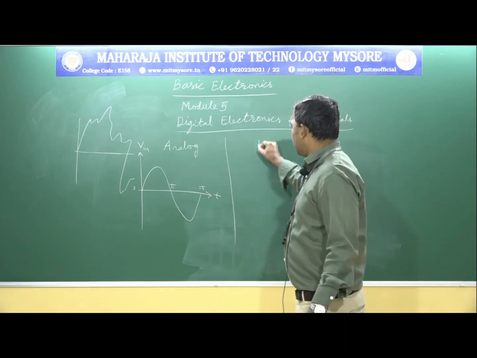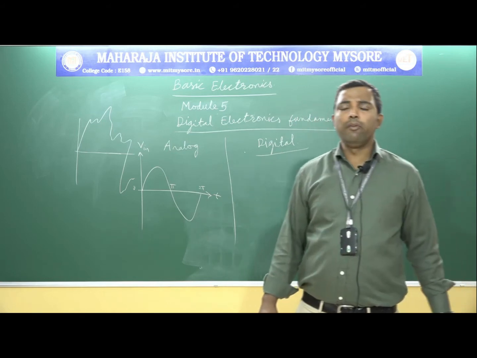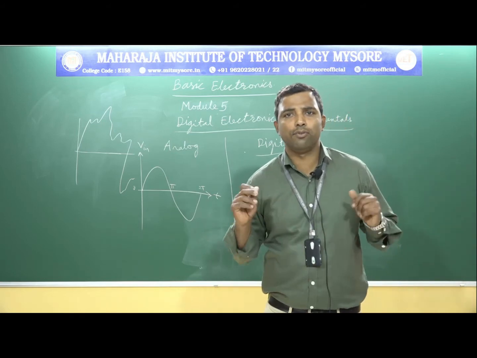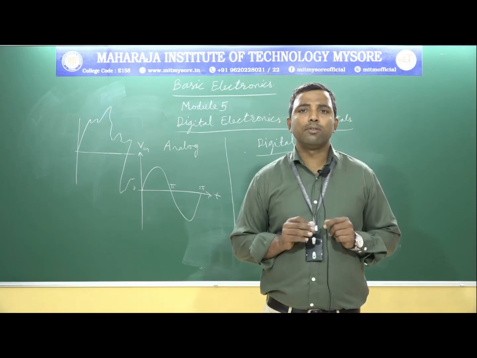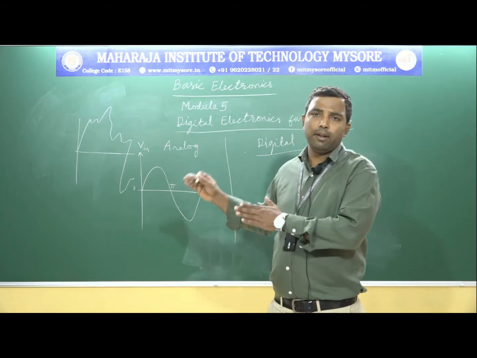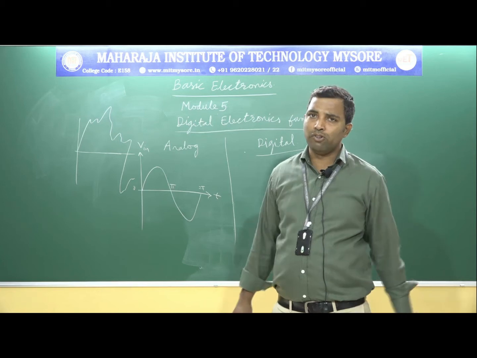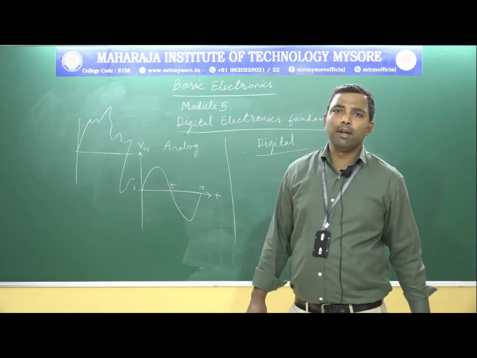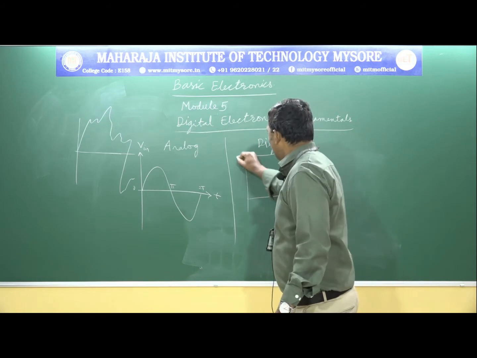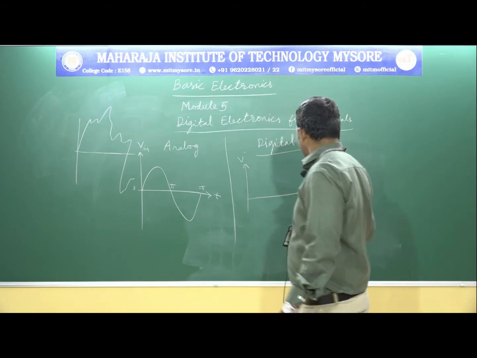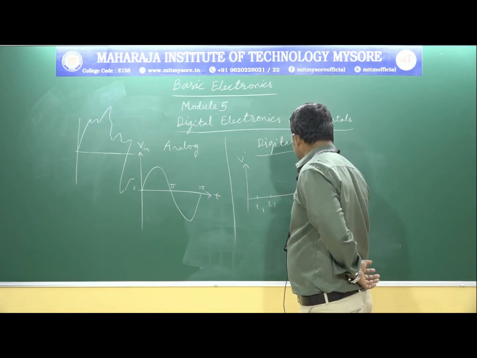Next, we will consider digital. In digital, the information is not continuous. The voltage is not continuous. At different time instants, we get different values of the amplitude or information. That is nothing but digital signals. For example, this is the voltage, this is the time, at time t1, at time t2, etc., at time tn.